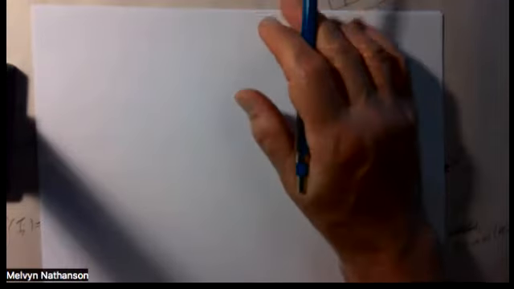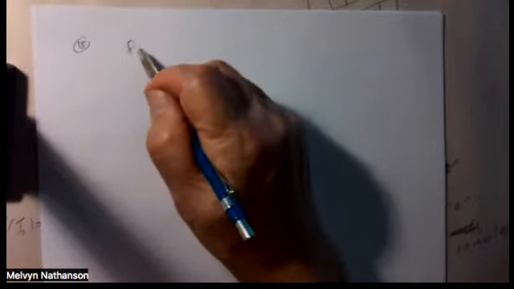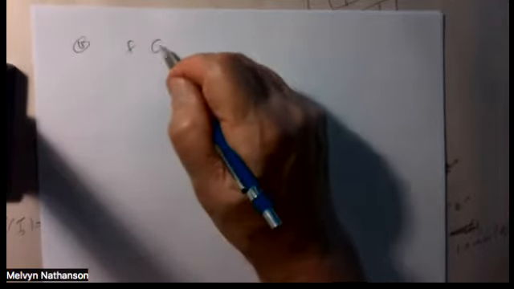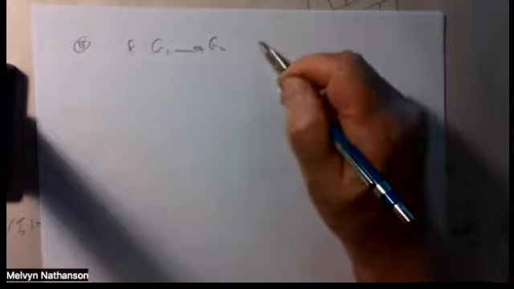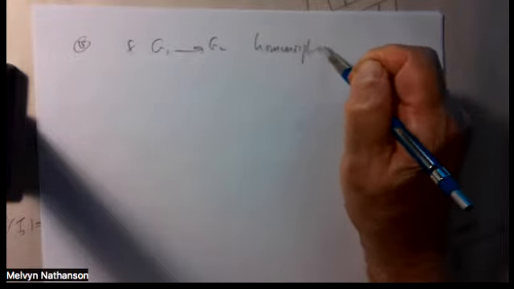Okay, can we do 18 next? Can we do 18? Let's try. 18. So we have F, let's say from G1 to G2, a homomorphism.